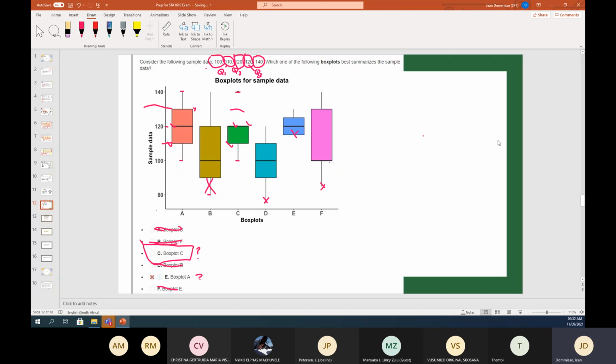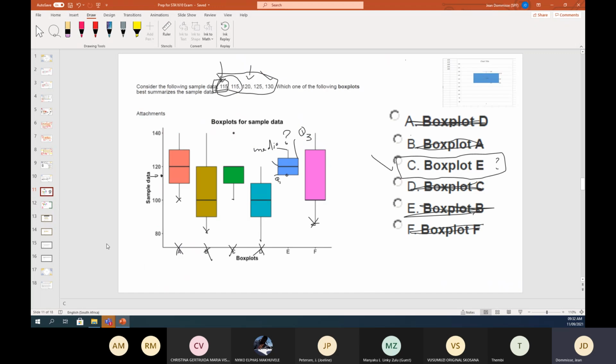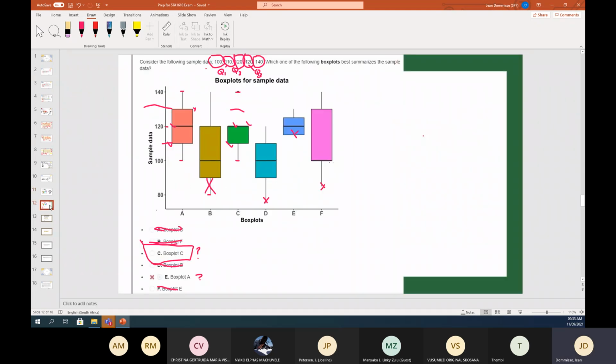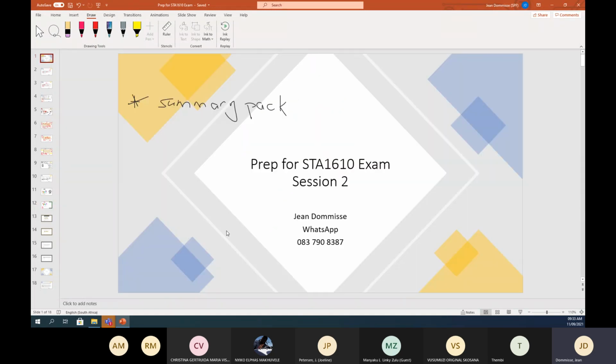Basically this was a much more difficult one than the previous one, where it was very simple to eliminate and get to the right answer. Hopefully if you're in the exam you get the one that is easiest to eliminate. The one that is not in here, which I want to make a note of, is stem and leaf.